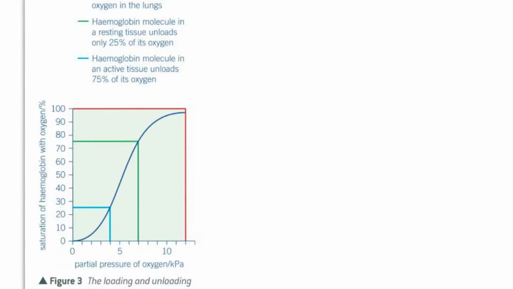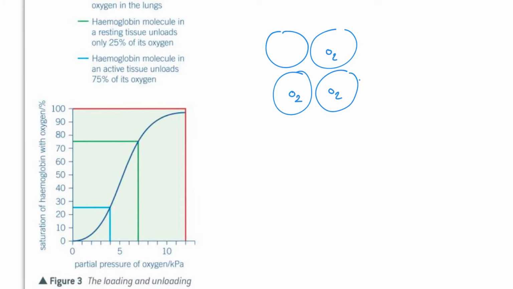So why does the graph look like this? Well, let's imagine that we've got a hemoglobin molecule, and each hemoglobin molecule is bound to an oxygen, okay? I've all grabbed hold of my oxygens. So I'm fully saturated, I'm 100% saturated, I'm basically up here on the graph, okay? So I'm at the lungs. So then I'm going to start moving around the body, and as I move around in the body, I end up in areas with lower and lower partial pressures.